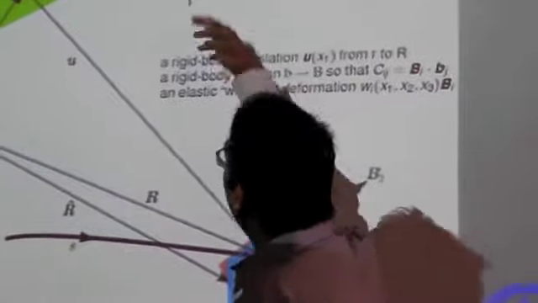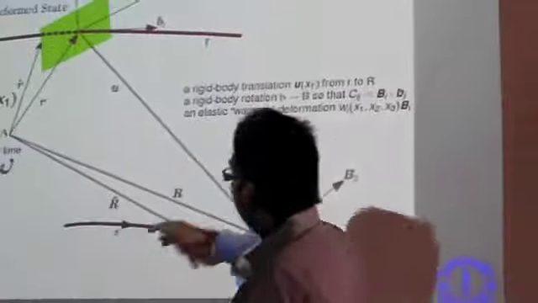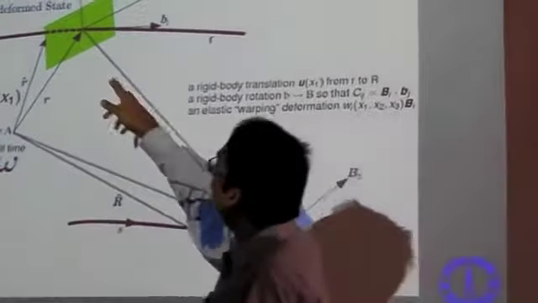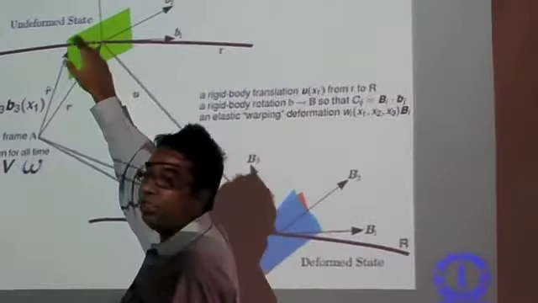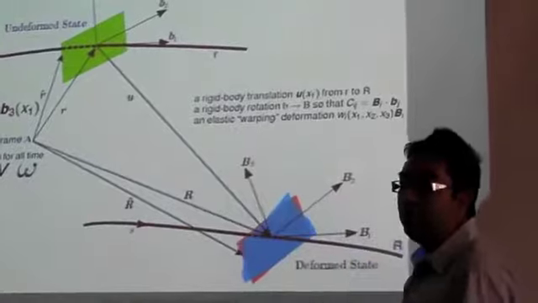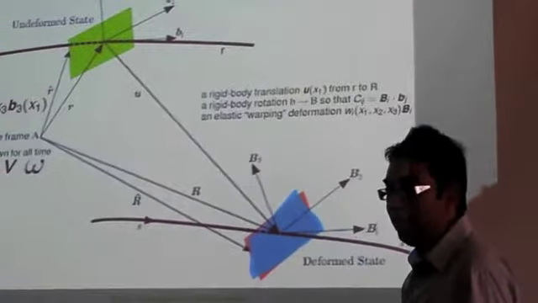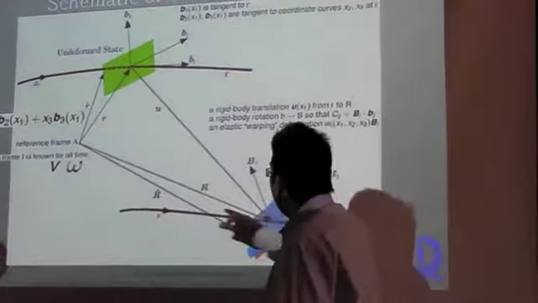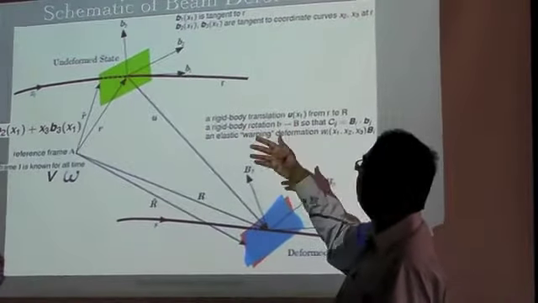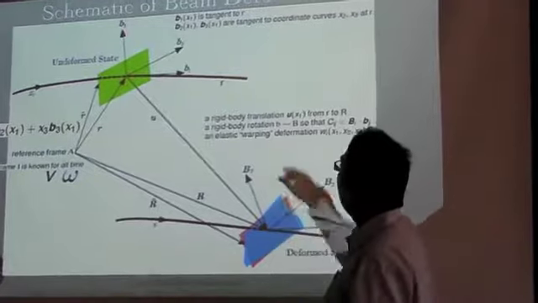Going back to your question, all the material points basically come here. That's one way of looking at it. The other way is the loci of the origin of that cross section, where it has moved. So it's two equivalent ways of saying the same thing. That's what this says: a rigid body translation u of x1 from r to capital R.